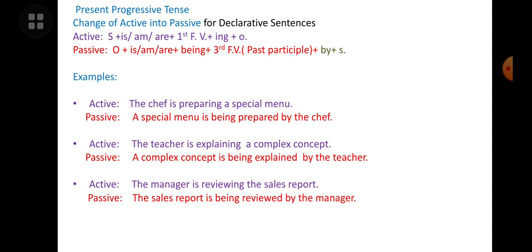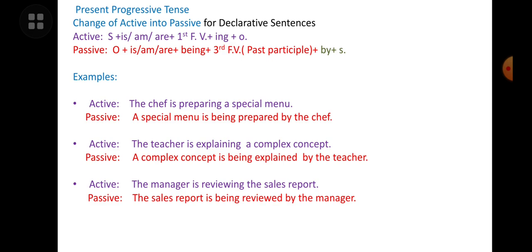But when we are going to change it into passive voice, then the subject of active voice will become the object of passive voice, and the object of active voice will become the subject of passive voice.